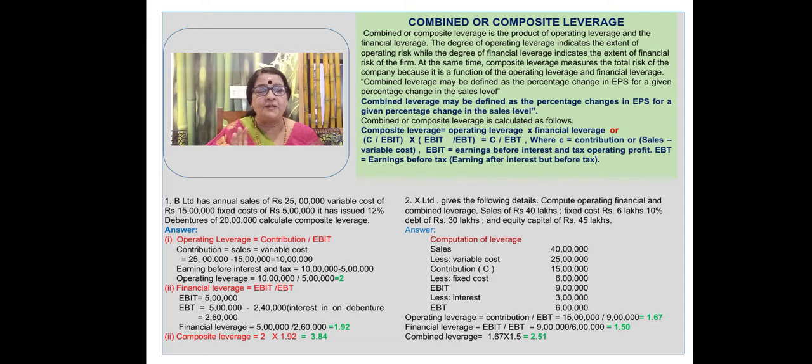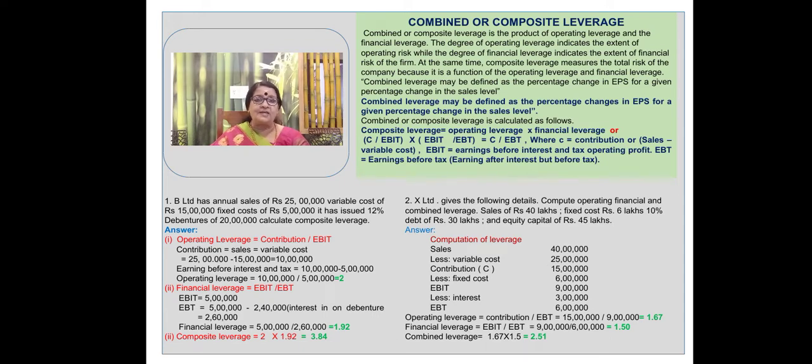So we already said it is a combination. What is the equation for finding financial leverage? We have seen EBIT divided by EBT. For operating leverage, it is contribution divided by EBIT. So EBIT divided by EBT into contribution divided by EBIT. If both the EBITs cancel, what is left?